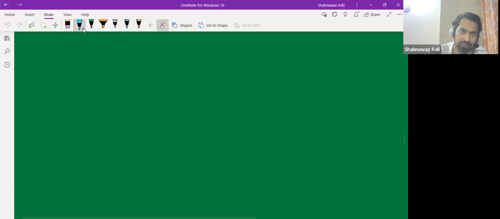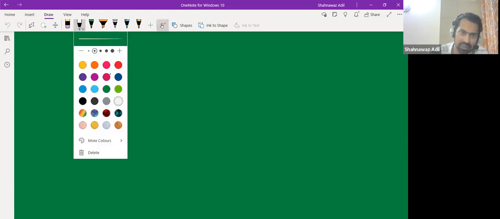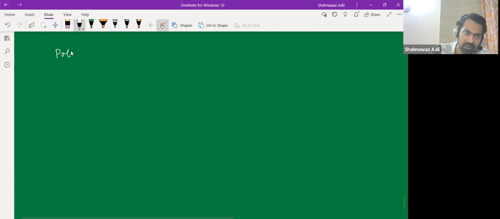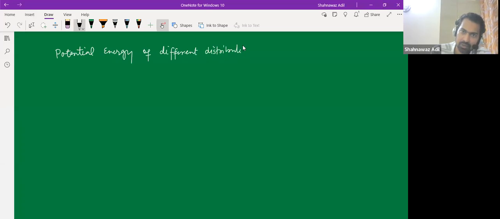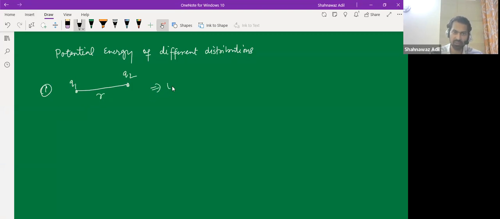First we calculated it for two charges, Q1 and Q2, with separation R. The potential energy came out to be KQ1Q2 by R.